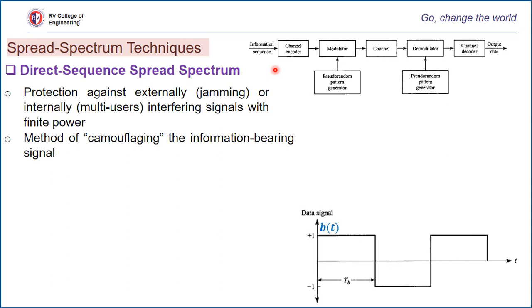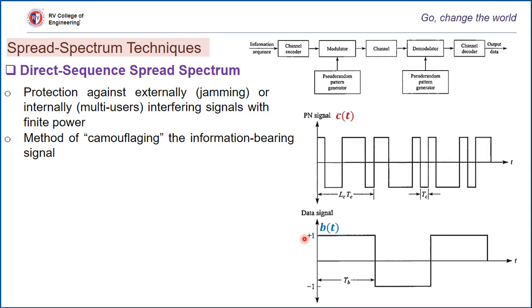Let the waveforms b(t) and c(t) denote their respective polar non-return to zero or NRZ representations, in terms of two levels equal in amplitude and opposite in polarity, namely +1 and -1. We'll refer to b(t) as the information signal or data signal and c(t) as the PN signal.